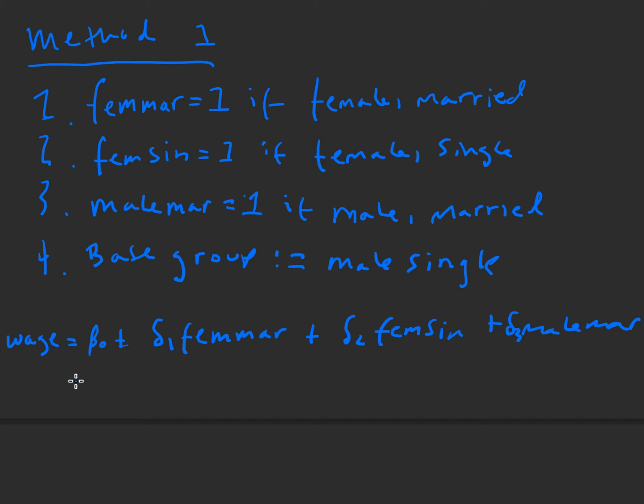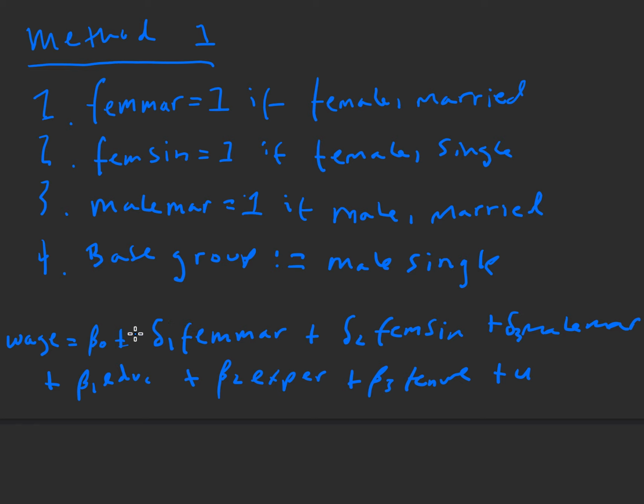We're going to think about bringing in level of education, so plus beta 1 times education plus beta 2 times experience plus beta 3 times tenure plus u. So this is the population regression function that we're considering, hypothetical.